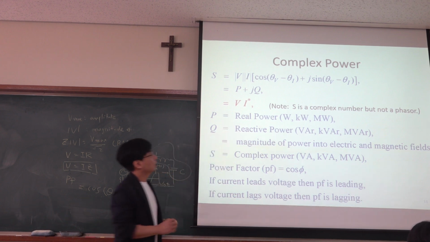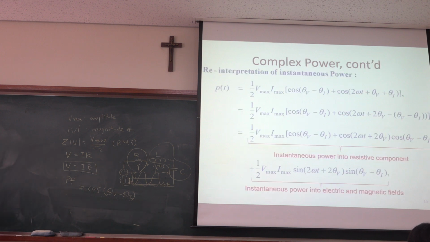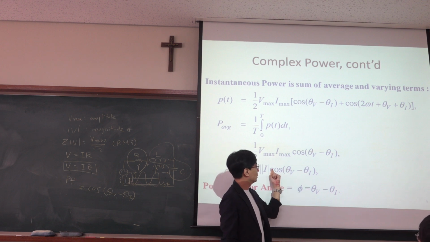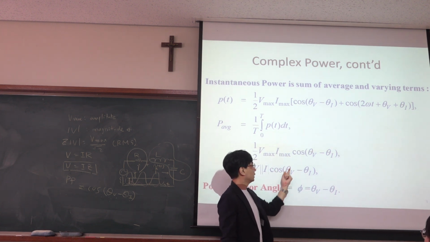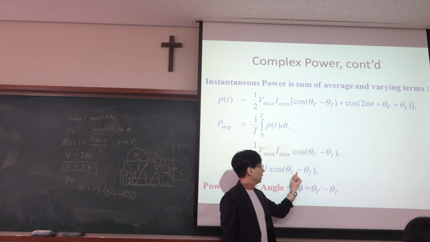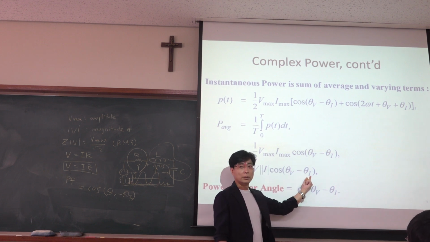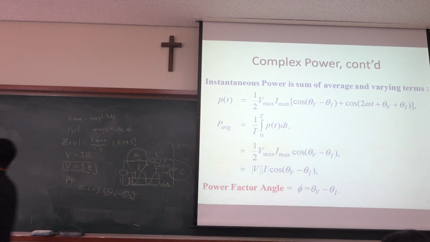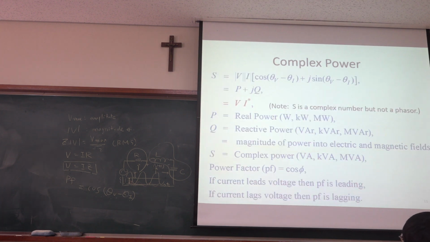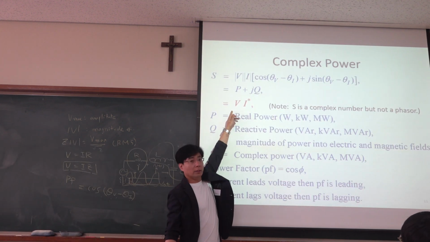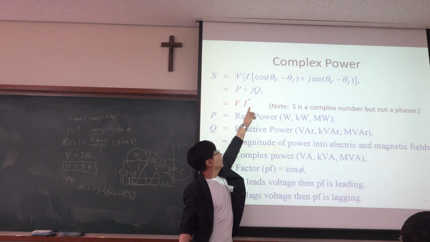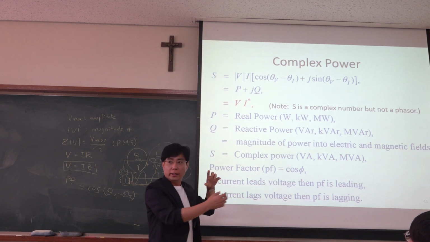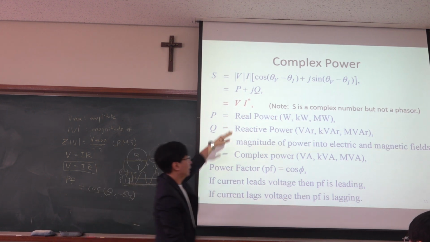The reason is that when we derived the formula before, we saw that average power is described by cosine of theta V minus theta I, the angle of voltage and the angle of current. To extract this kind of term from phasor notation, the angle of this is theta V and the angle of this is theta I. Then we need to put the conjugate there so that the angle is now theta V minus theta I. So that's the definition.